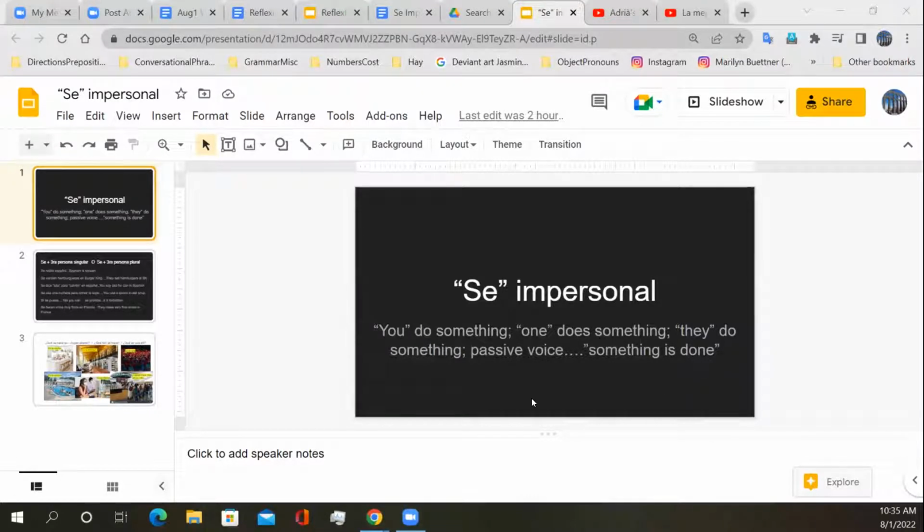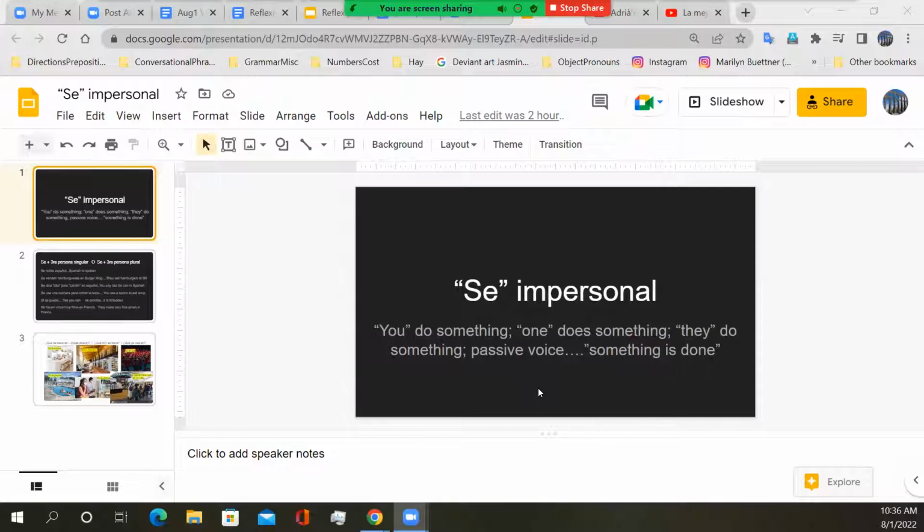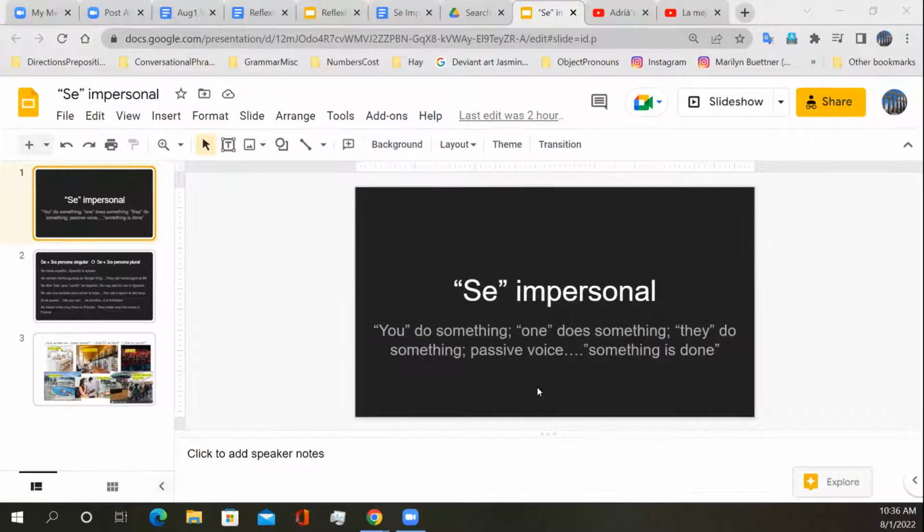So it's also kind of a way of using a passive voice in English, meaning something is done. Instead of saying the soldiers killed the other soldiers, that's very active, the soldiers were killed by the enemy. That's passive.